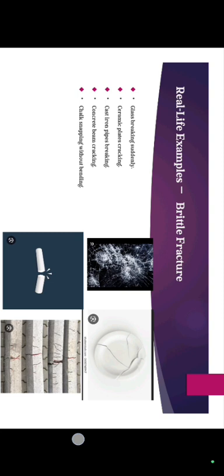Then a cast iron water pipe can crack suddenly under impact or stress. These are images of a concrete beam cracking, which shows very little bending before cracking. These are real life examples.